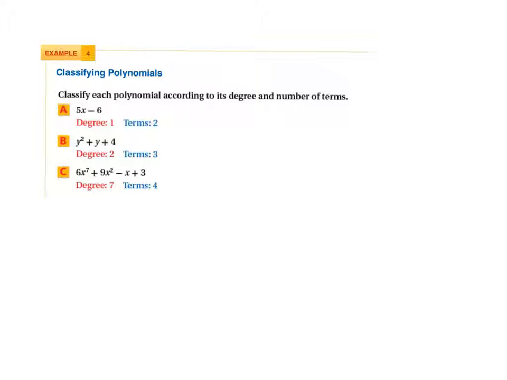So to name these, we would go to our chart. A degree of 1 is linear, and 2 terms is binomial. So example A would be called a linear binomial. And the next one, degree of 2, is quadratic, and 3 terms is trinomial.